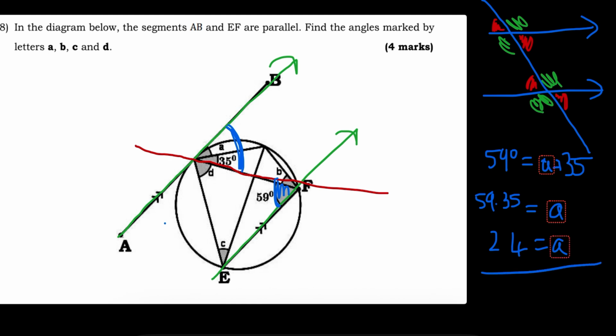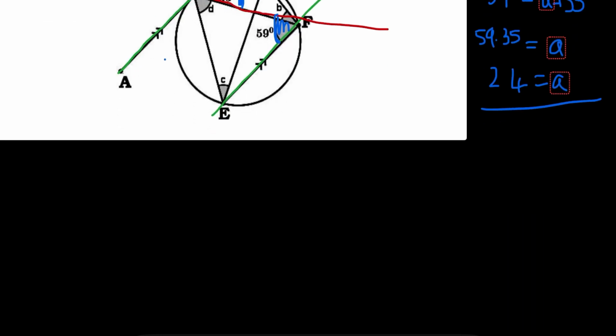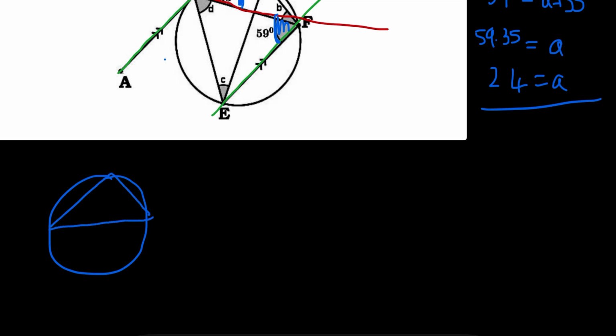Now we should remember how cyclic quadrilaterals work. If we have a cyclic quadrilateral, then angles on the same arc are equal. See this arc here? The two angles that stand on it will be the same. Similarly, on this arc, the two angles that stand on it are the same. And the same for other angles, right? So here, this angle and this angle.